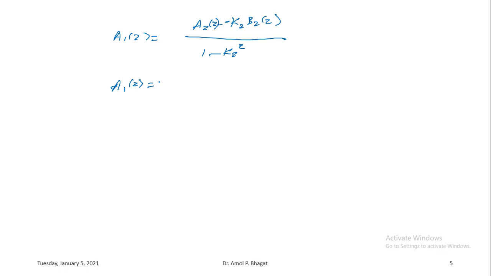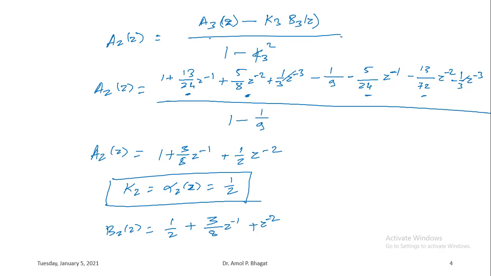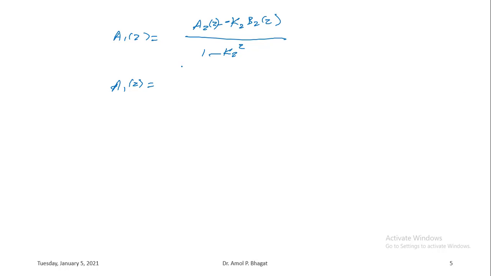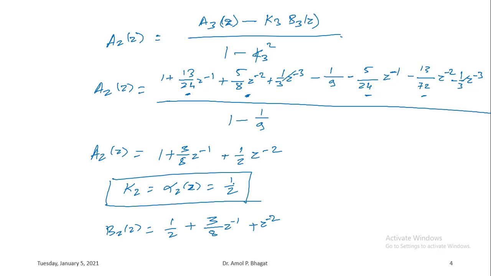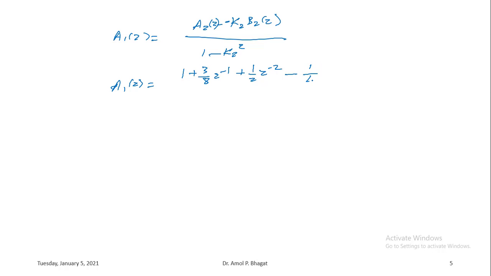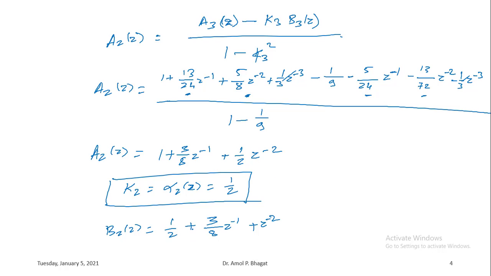So this a1 of z you can write simply as a2 of z, which is 1 plus 3 by 8 z inverse plus 1 by 2 z to the power minus 2, then minus the value of k2, which is 1 by 2, multiplied by this, so minus 1 by 4 will be there, right?